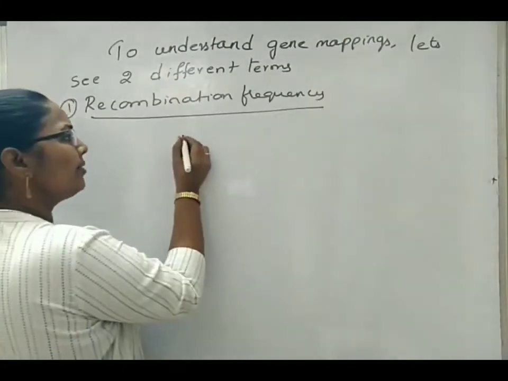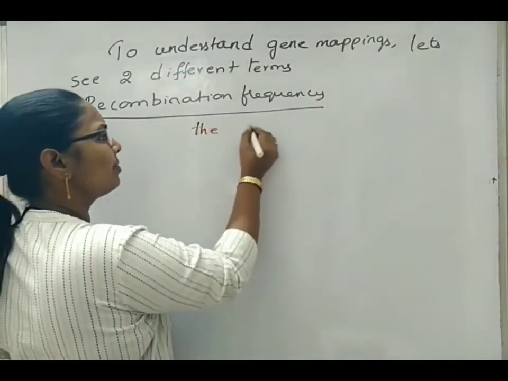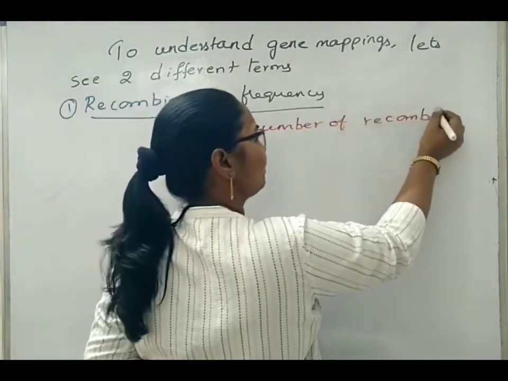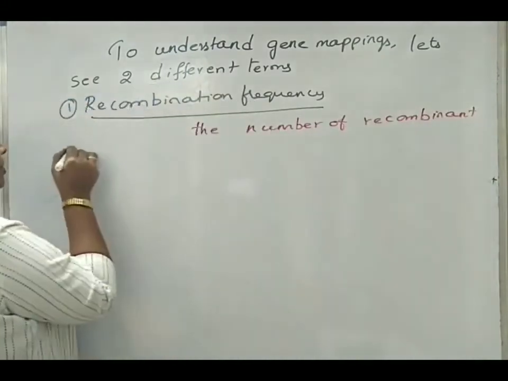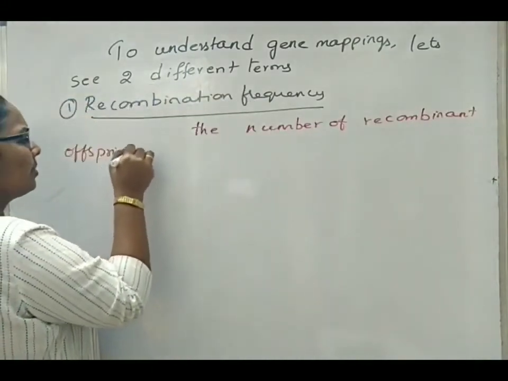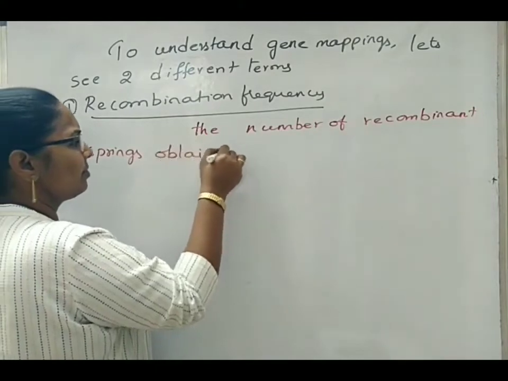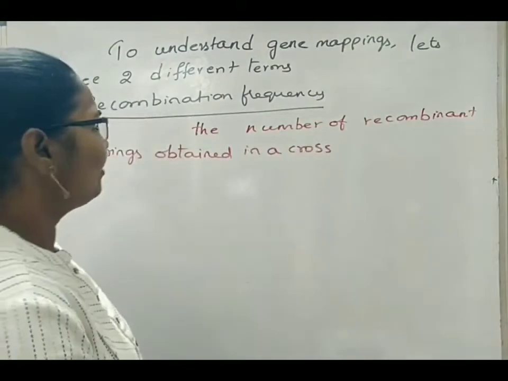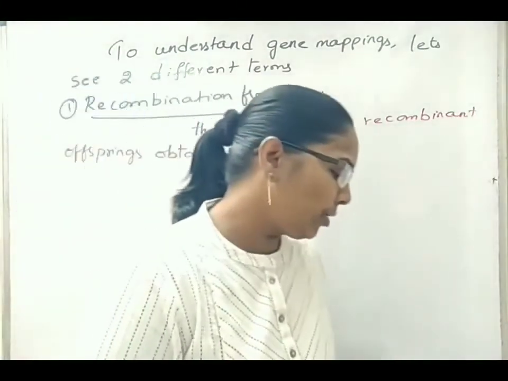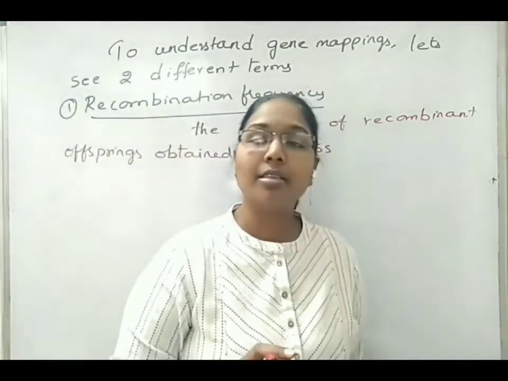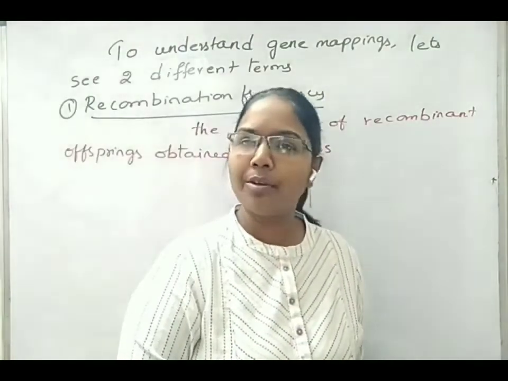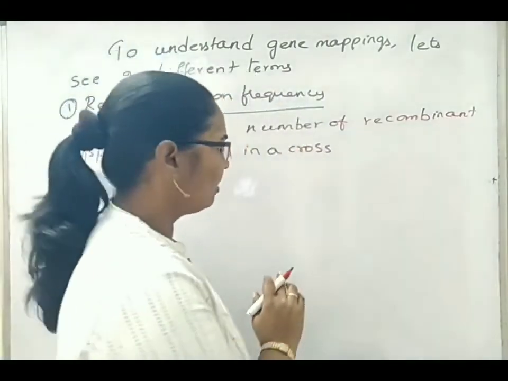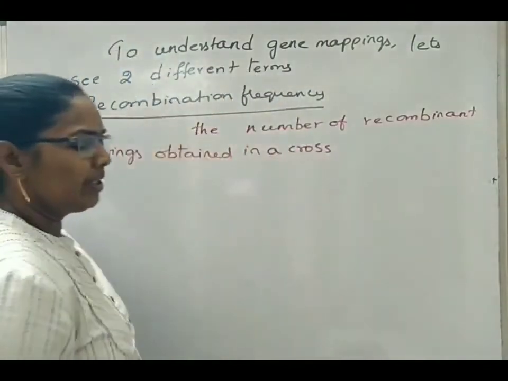Recombination frequency can be defined as the number of recombinant offsprings obtained in a cross. In case of recombination frequency, the crossing over results in the formation of many variants. That number we include under the term recombination frequency.